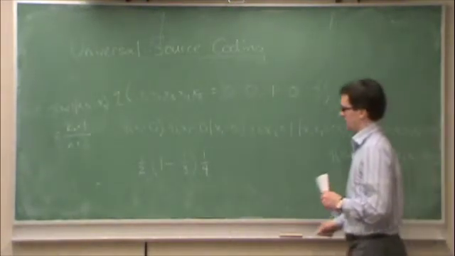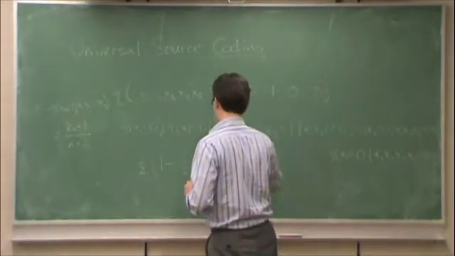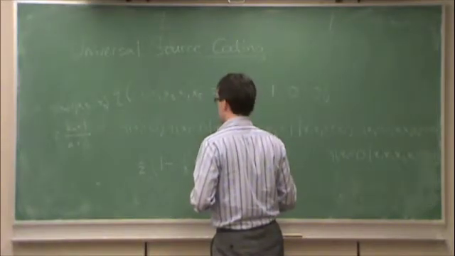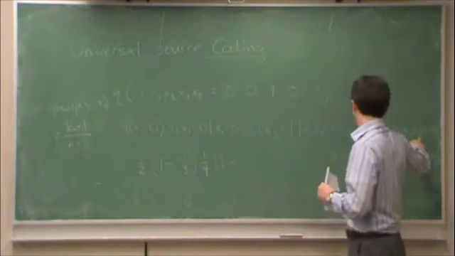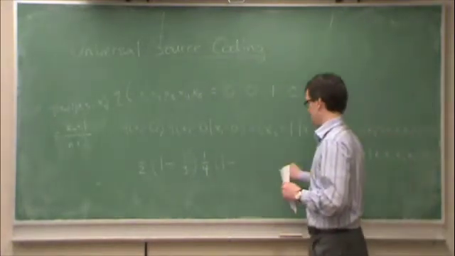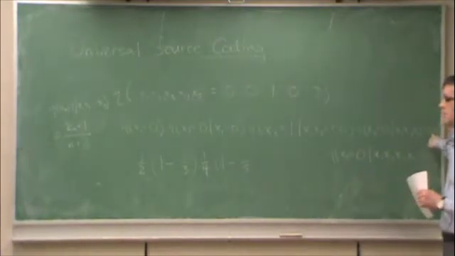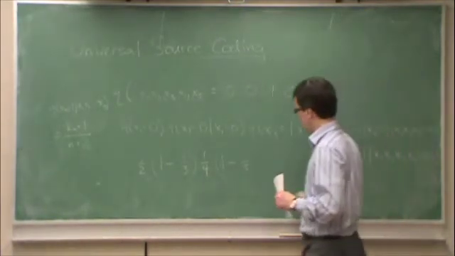x4 is 0, so I have to do this, 1 minus, now n is 3, denominator is 5. The numerator is k3 is 1 plus 1 is 2.